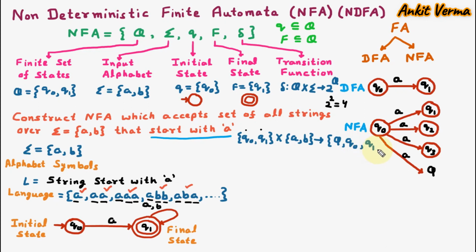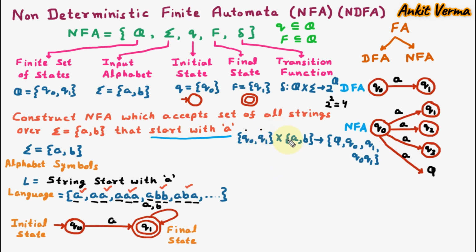And the fourth possibility is that we are going to both the states, which is Q0 and Q1. So that is represented by same Q0 and Q1. Because in the NFA, we can go to the nowhere, represented by phi, single states, which can be Q0 or Q1, or multiple state. So here 2 states are there, that's why I am taking Q0 and Q1, which signify multiple states, means both the states it is going.